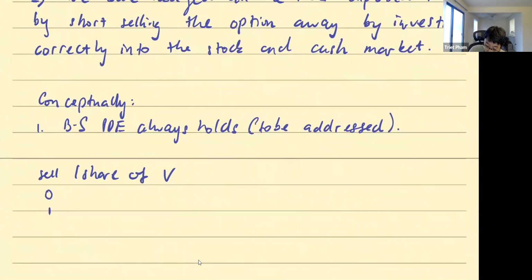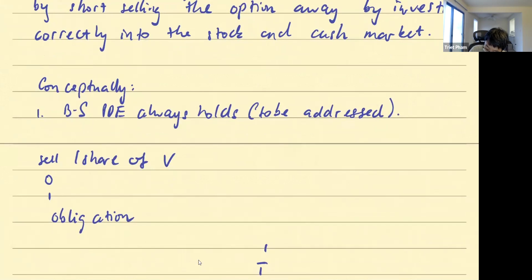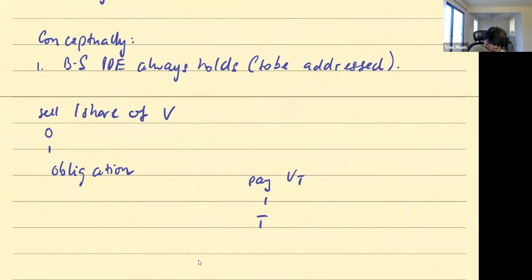And so your obligation is that at time big T, you need to pay this person back VT. Is that okay? This whole thing is reflected by the minus VT position in your portfolio, because you owe him VT at that time big T. All right, fine.